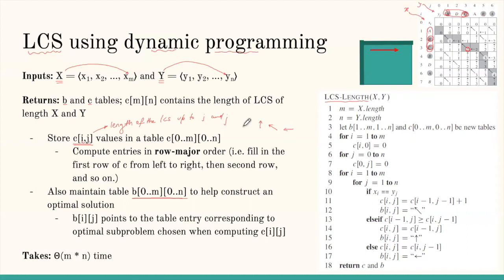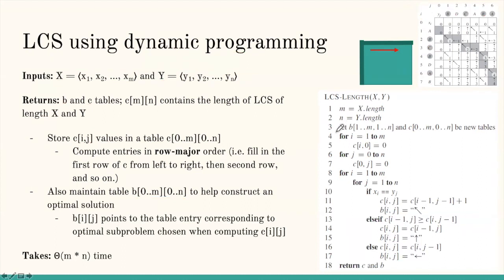These upward tilted arrows represent the pairs which serve as a part of the LCS. Looking at the diagram here, for example, this arrow says that in sequence X, this character C, and in sequence Y, this character C are a part of the LCS.